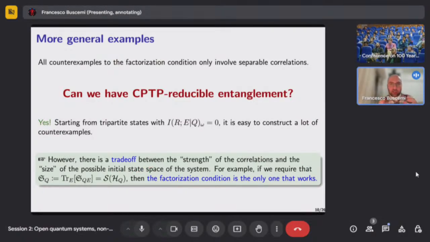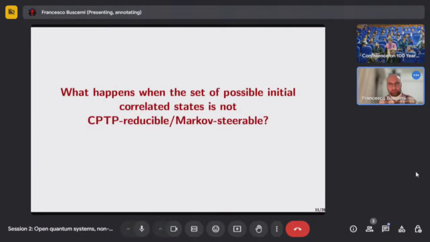Because the more system and environment are correlated, the less freedom you have in defining the initial state of the system. Vice versa, if you require that the state of the system span the entire set of density matrices, then the only possibility to have a CPTP reduced dynamics is to fall back onto the factorization condition of the textbook. So there is a very fine balance between the strength of the correlation and the size of the set of states.